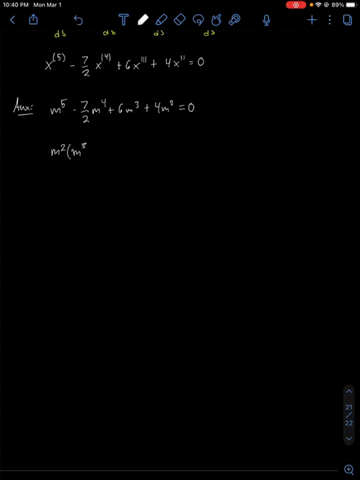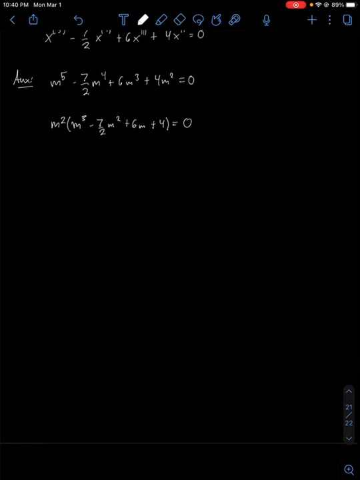So we've got m squared in the front times m cubed minus 7 halves m squared plus 6m plus 4 equals 0, which makes m1 equals 0, multiplicity 2, and then m cubed minus 7 halves m squared plus 6m plus 4 equals 0.